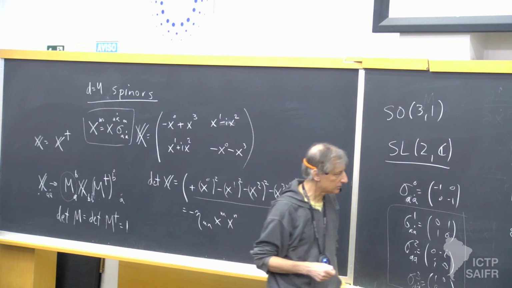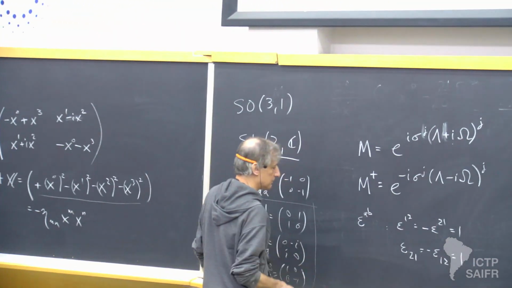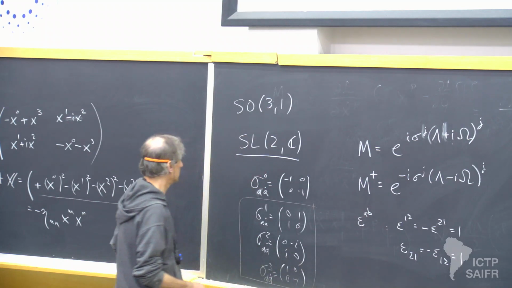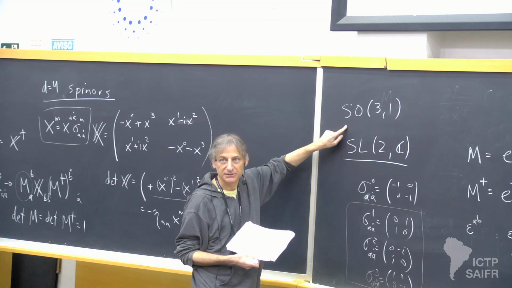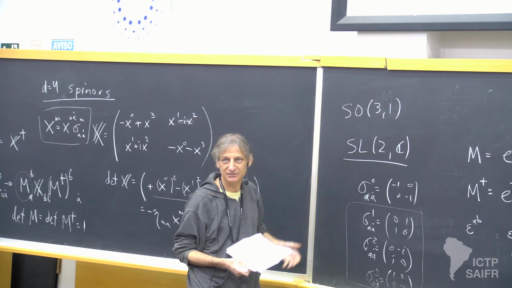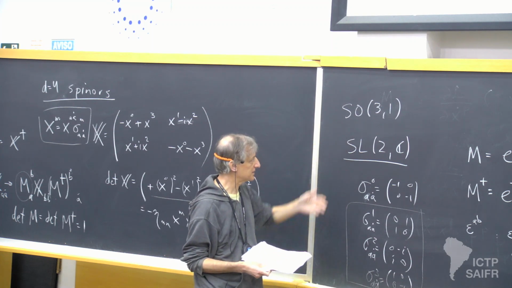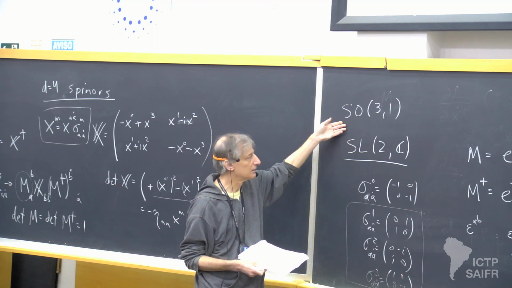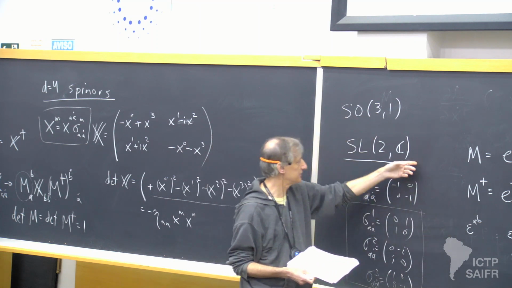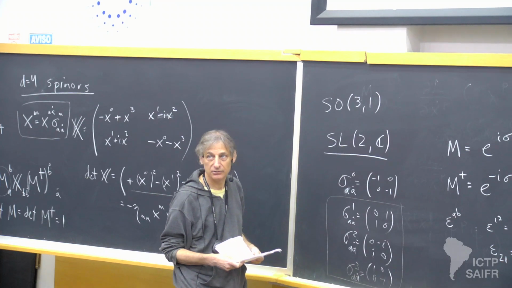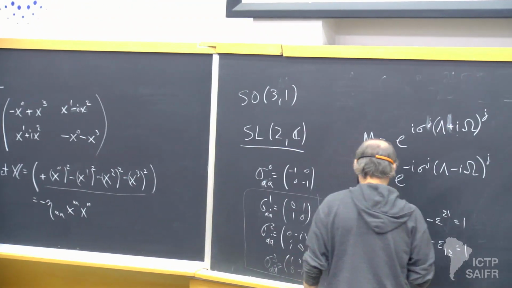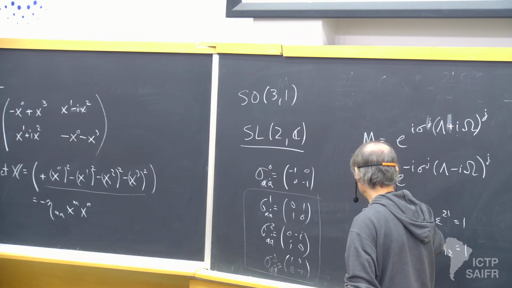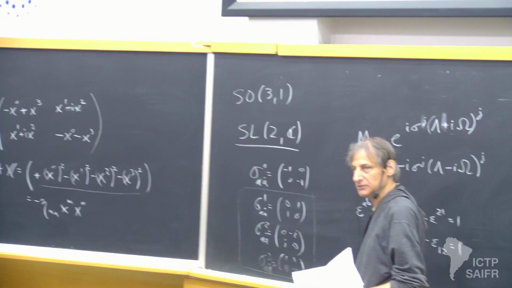So it turns out that this object, just like eta^{mn} is preserved under SO(3,1) transformations, that's why the Minkowski metric is invariant under SO(3,1), epsilon_{AB} is invariant under SL(2,C). So you can think of it as a metric for SL(2,C) if you want. But you can also think of it just as a tensor which allows you to raise and lower indices.